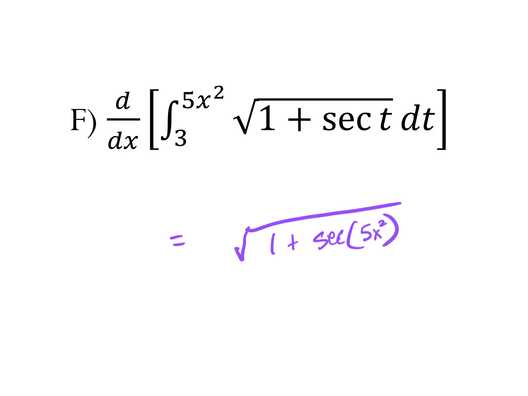So the derivative and the integral part would cancel each other out, and we put in that new function for x. So I took the derivative with an inner of 5x squared. So I need to multiply by the derivative of the inner. The derivative of the outer is just doing that replacement, times 10x.